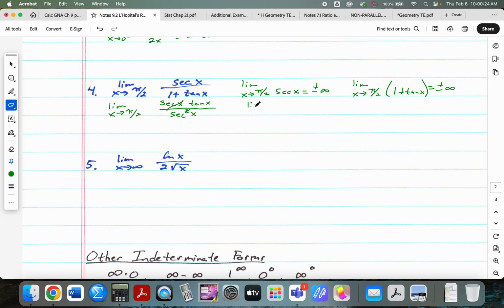So if I do the limit as x goes to pi over 2 of tangent of x, that's going to be plus or minus infinity depending on which side I'm coming from. And the limit as x goes to pi over 2 of secant of x is also plus or minus infinity.